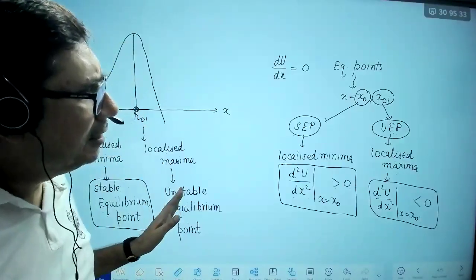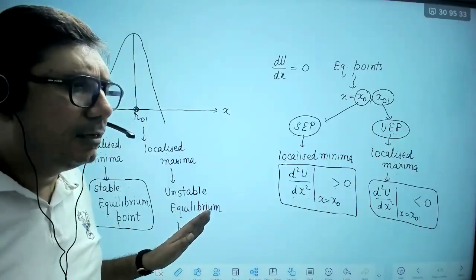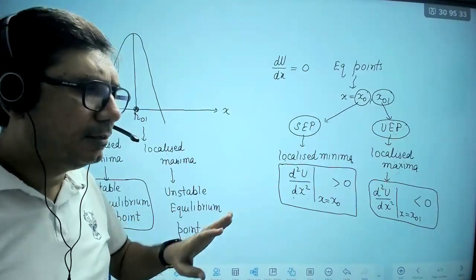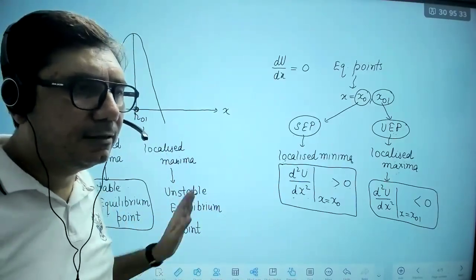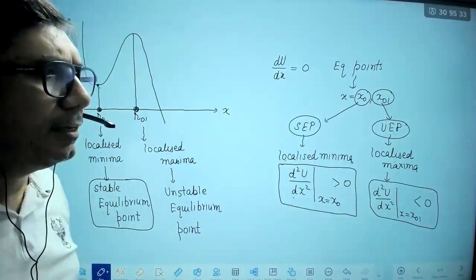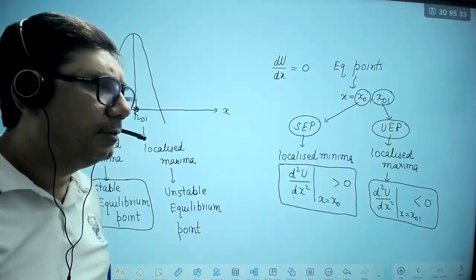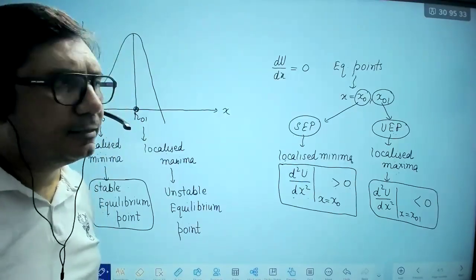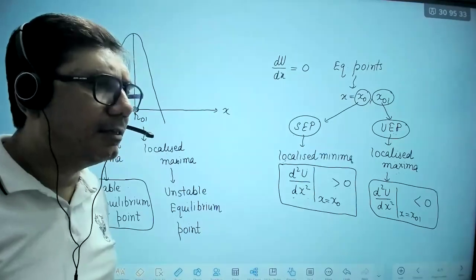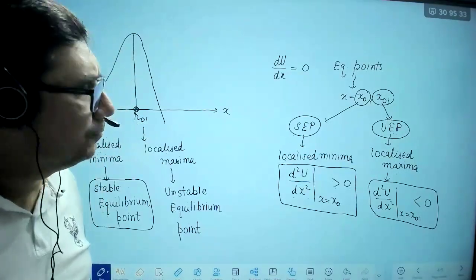I cannot say this is a very important topic for IIT JAM, but you will find it very regularly in NET also. So I will share all the questions with you which were asked in different exams related to this topic, stability analysis, and then I will discuss at least 10-15 questions with you.